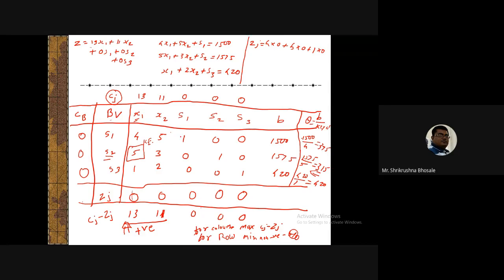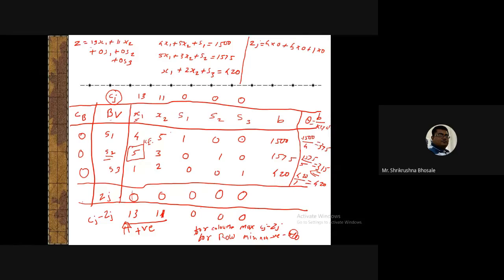Similarly, from the second equation, where s2 is present, the coefficient of x1, x2, s1, s2, s3, and the right hand side. Similarly, s3 is present in the third equation, so the third equation coefficients x1, x2, s1, s2, s3, and the right hand side b value.